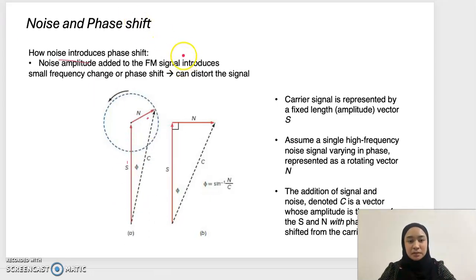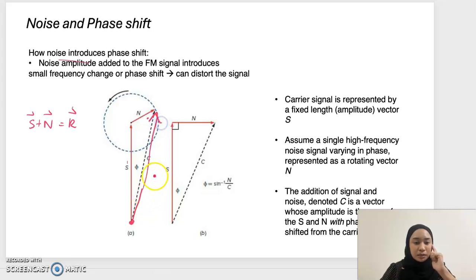If I were to write this mathematically, the signal when added with the noise vector will give me a new resultant vector. Let's just call this R, and the new resultant vector is going to extend from the initial point up to the final point. The length of R is going to be the new amplitude of the output signal, and the angle that it makes with the initial signal is going to be the phase shift.